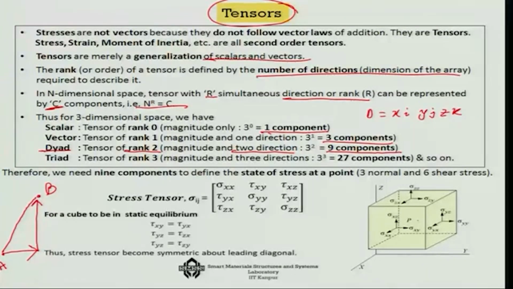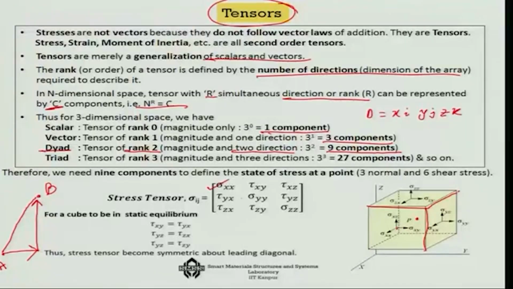Now, you have a much better definition of stress: suppose you consider a point and you consider a cube all around this point. That is what we are showing here, a cube all around this point, and on that cube you have various surfaces, and if you look at it, you actually need 3 normal components and 6 shear components.